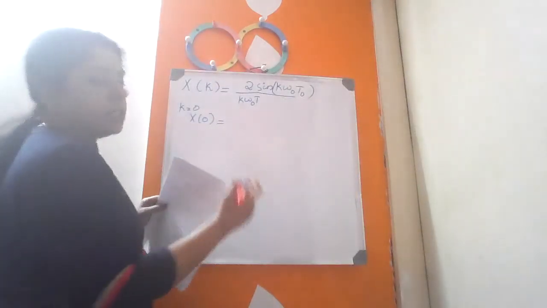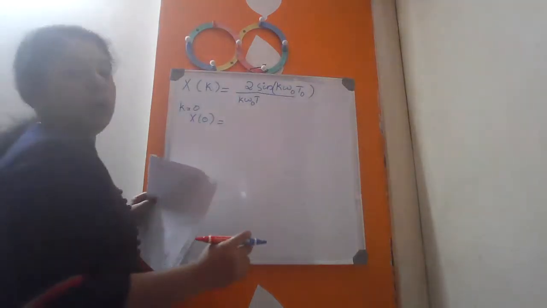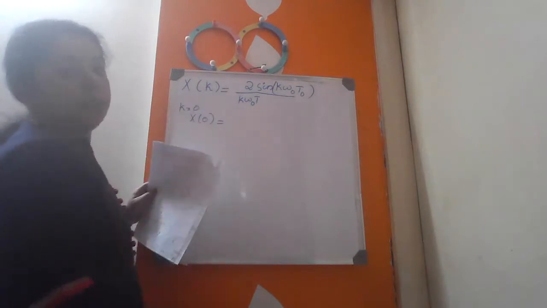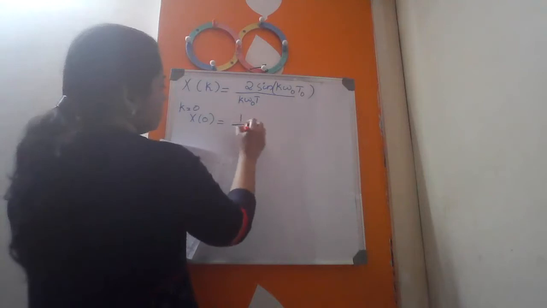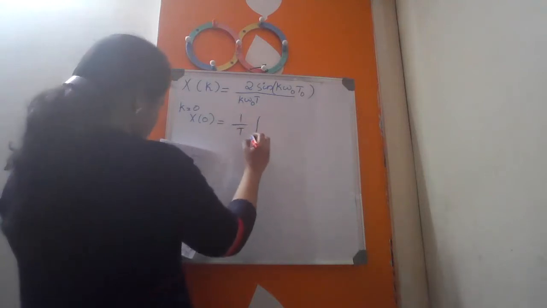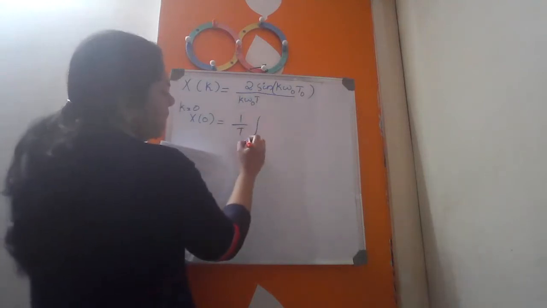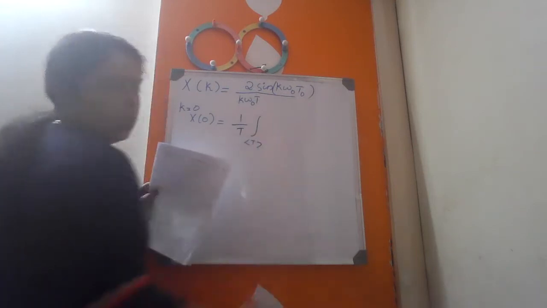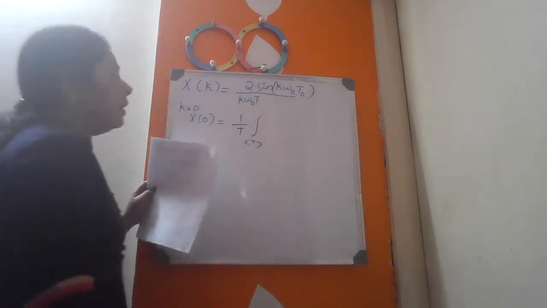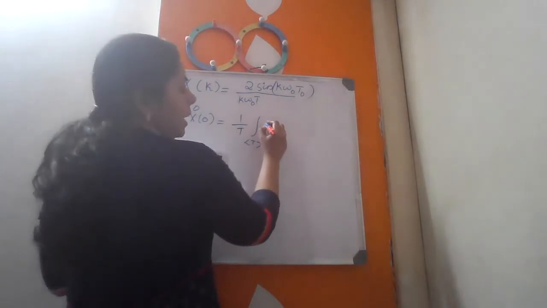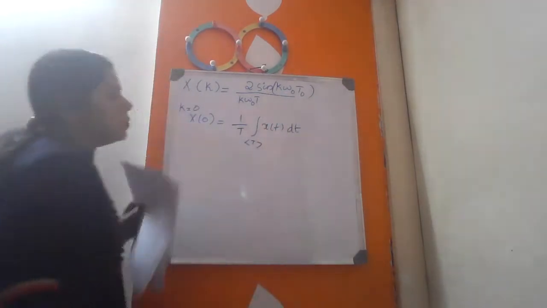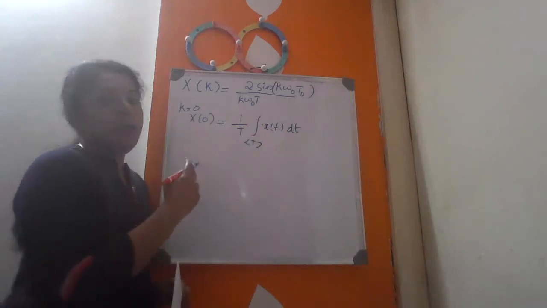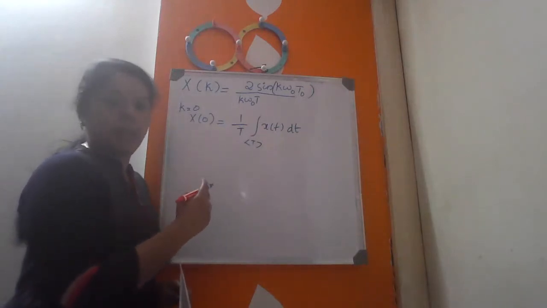In the Fourier series definition itself, we said how to calculate that DC term amplitude. It is 1 by T, integral over that same time period, of x of t dt. This is the DC term equation, which you studied as a definition.